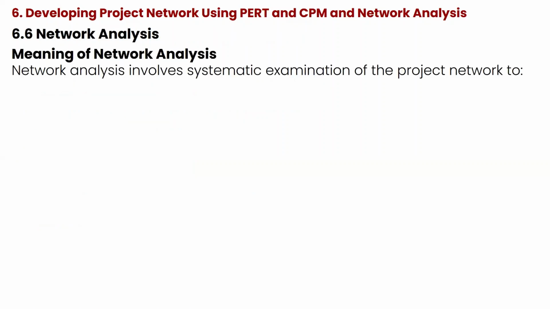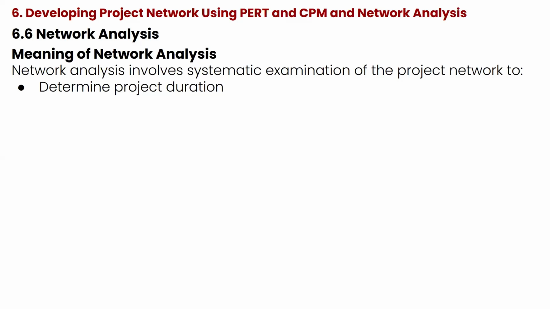So, meaning of network analysis. We say network analysis involves systematic examination of the project network in order to determine the duration of the project. You want to know how long the project is going to take. How long does it require for us to complete a project?